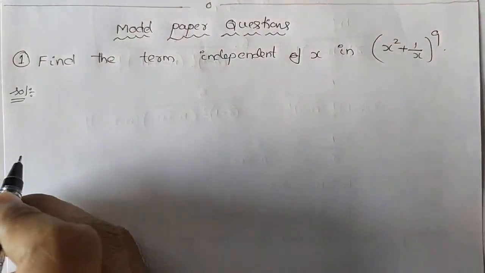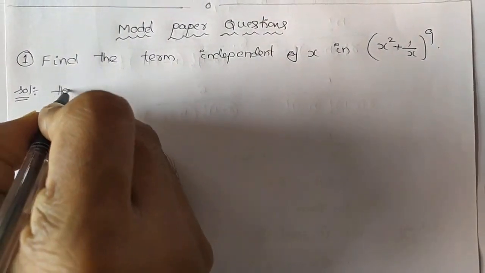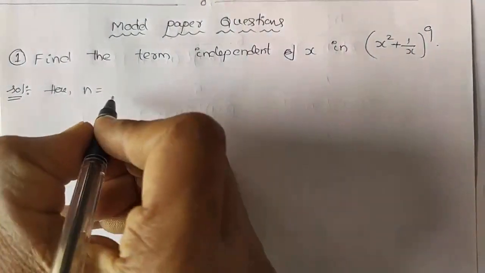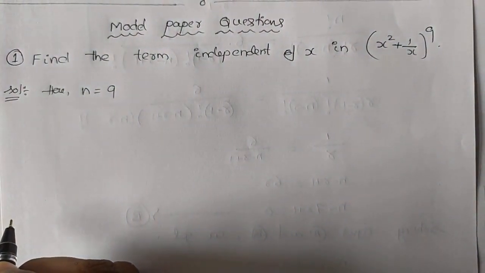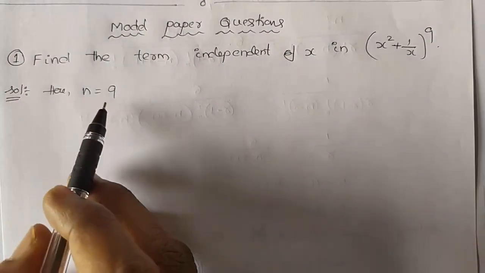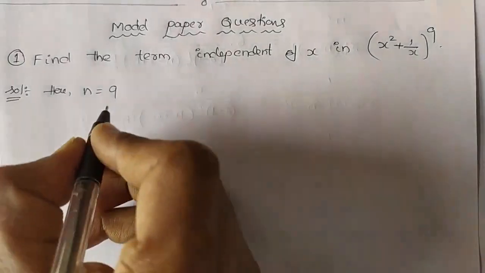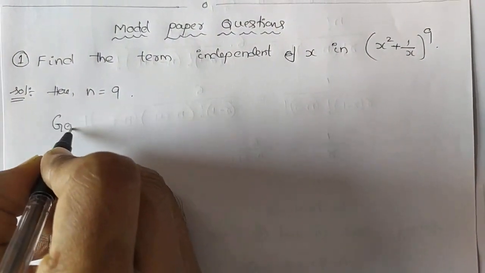First thing is that we have to find its general term. Here, n value, n is what? 9. n equals 9. We are not finding middle terms, so we don't need to check whether it is even or odd. We want only n equals 9. Then find out its general term.